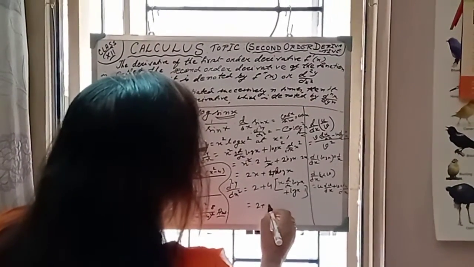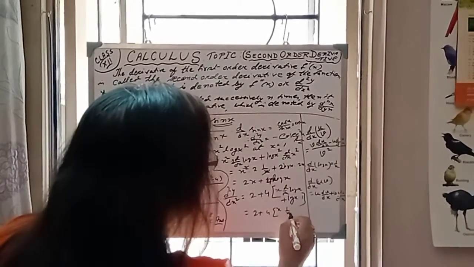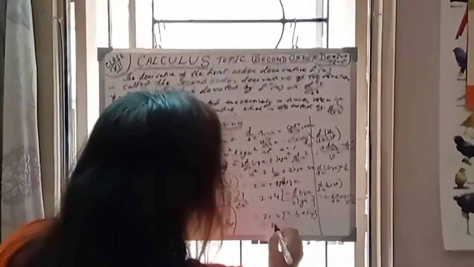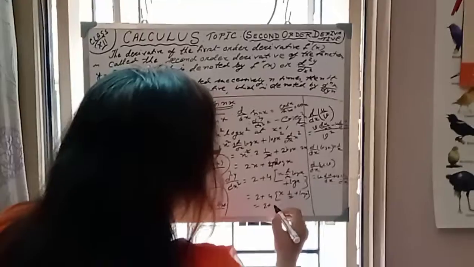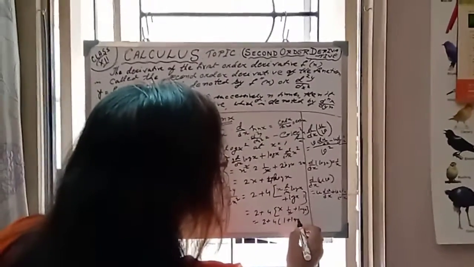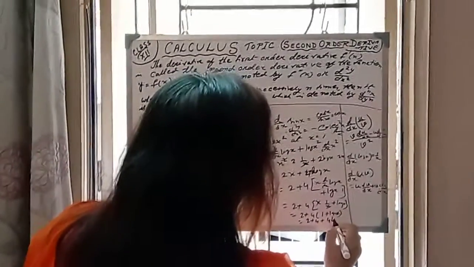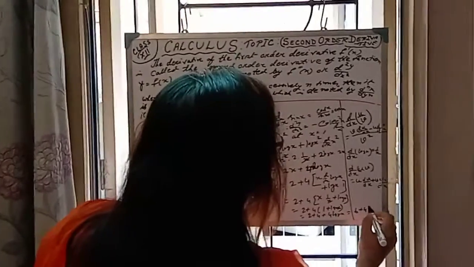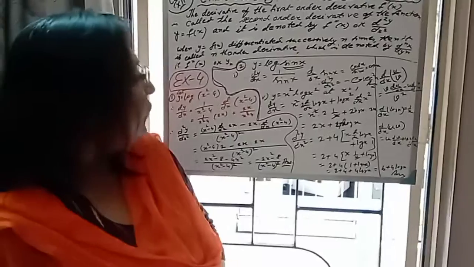So 2 plus 4 into x into 1 by x plus log x into 1. x and x cancel, so it is coming 2 plus 4 into 1 plus log x. So what is the answer? 2 plus 4 plus 4 log x, so it is coming 6 plus 4 log x. This is the answer.